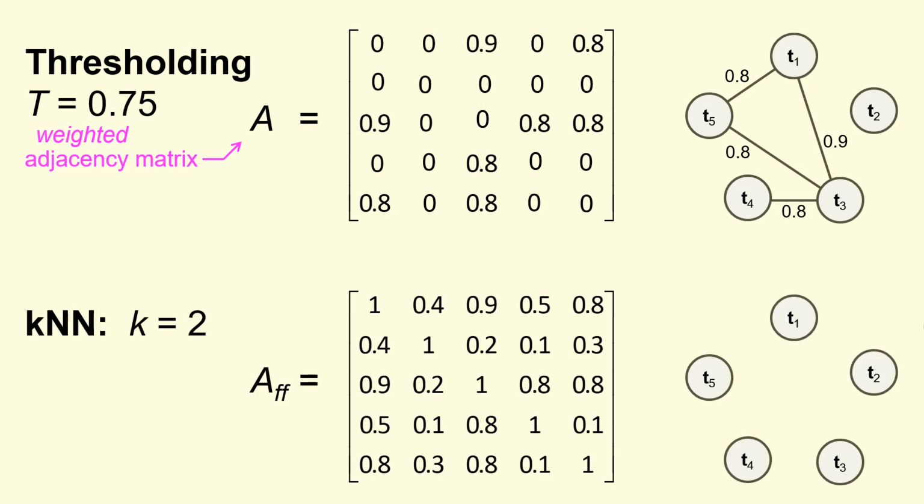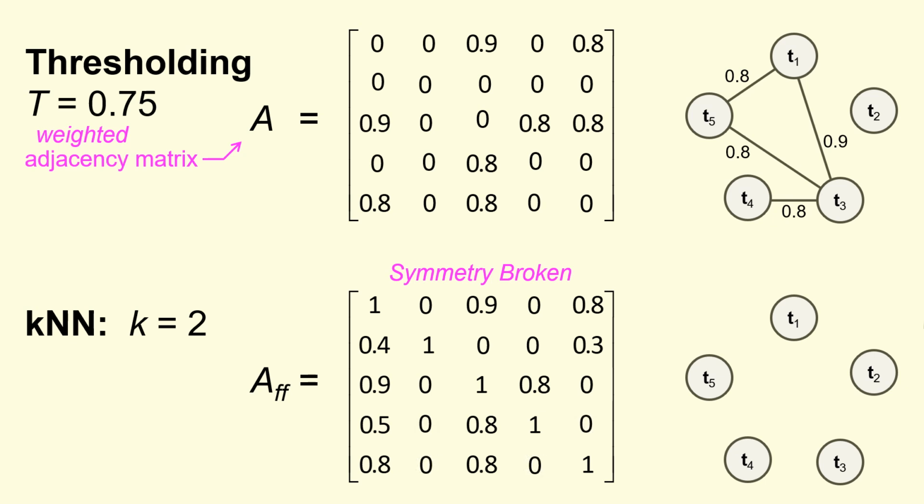Now we can use a k nearest neighbors method where k is equal to 2. Same affinity matrix. We keep the 2 highest in the first row, then we keep the 2 highest in the second row. Notice we've actually broken symmetry. And continuing, we end up with a k nearest neighbors affinity matrix.